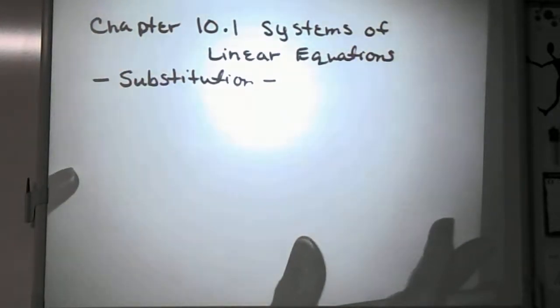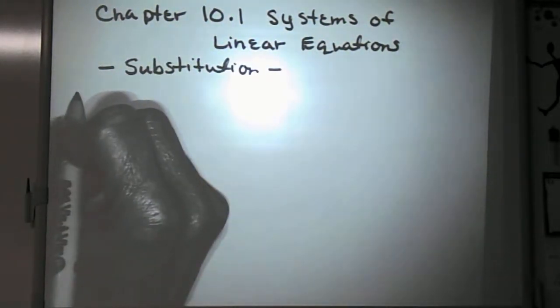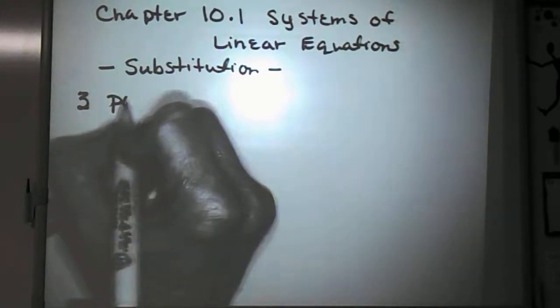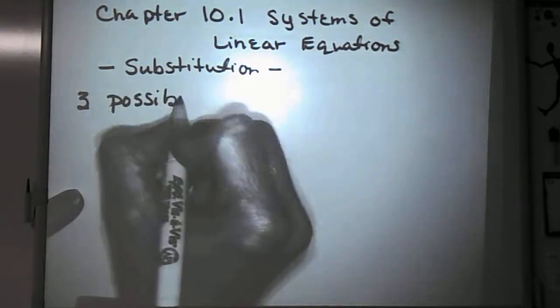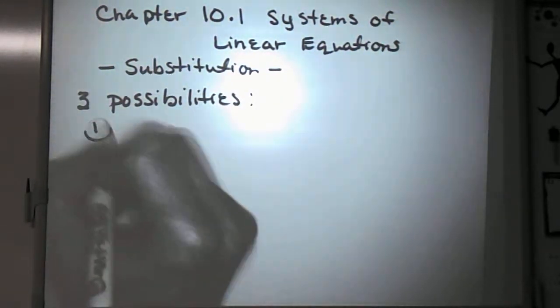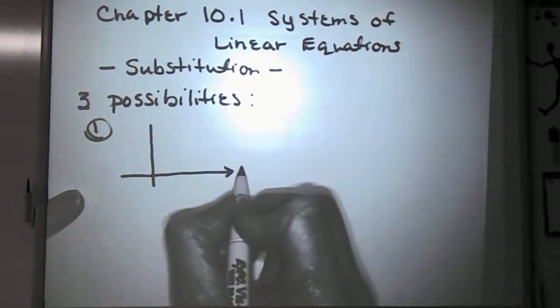All right, so before we actually solve an equation, I would like to show you the three different types. We can have three different possibilities. The first possibility, I'm going to draw an X and a Y axis.